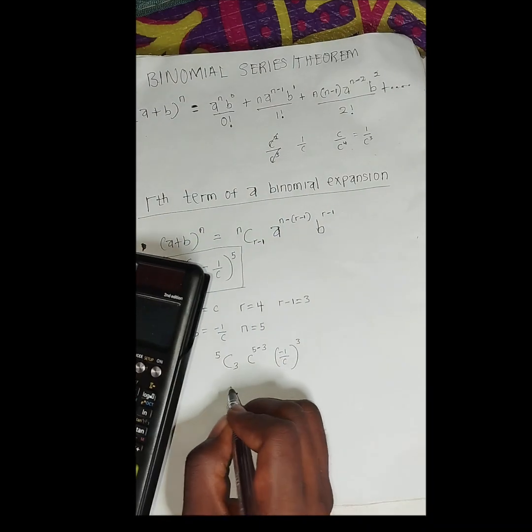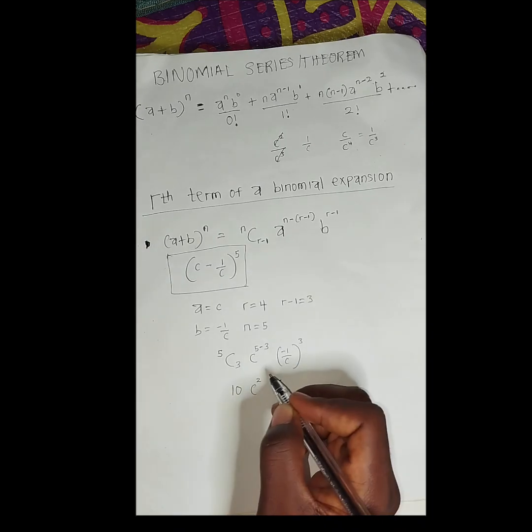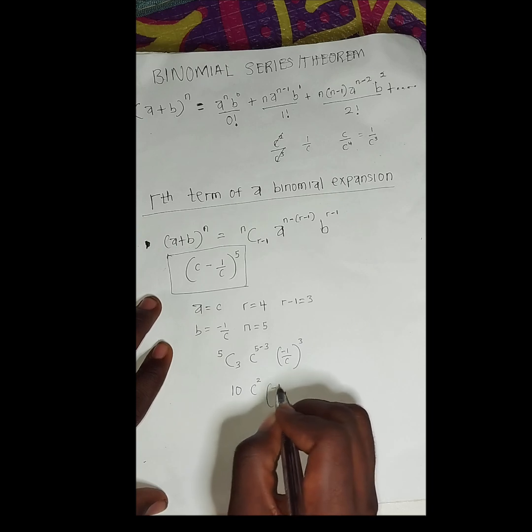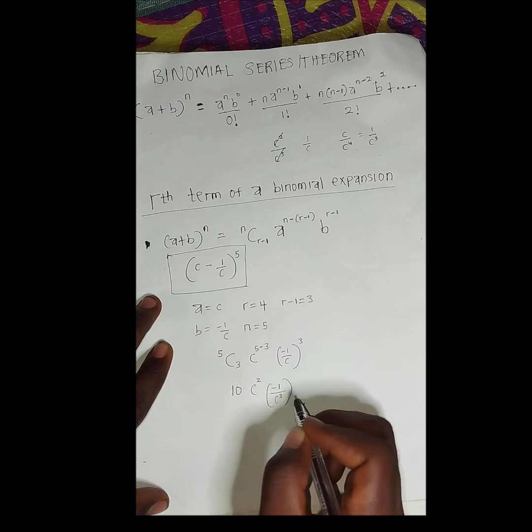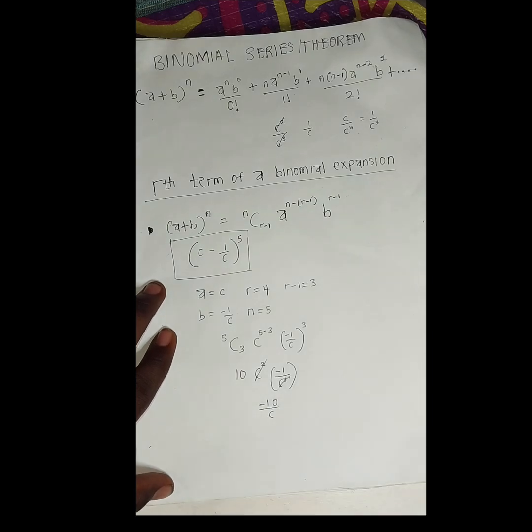So I'm going to add my 10 here. c, 5 minus 3 is 2. Minus 1 raised to the power of 3 is minus 1. I said this before. Over c cubed. This can cancel this. 10 times minus 1, minus 10 over c. Now tell me, what do you see here?